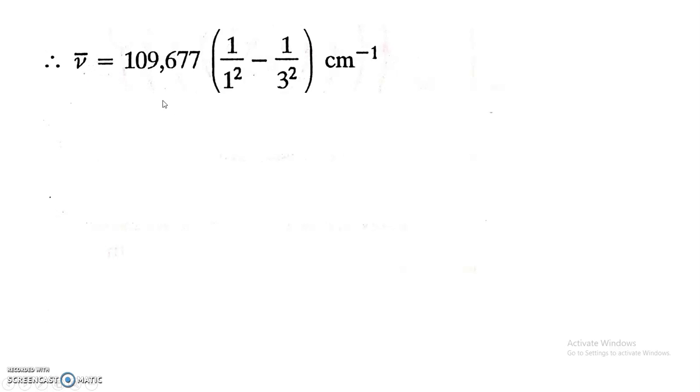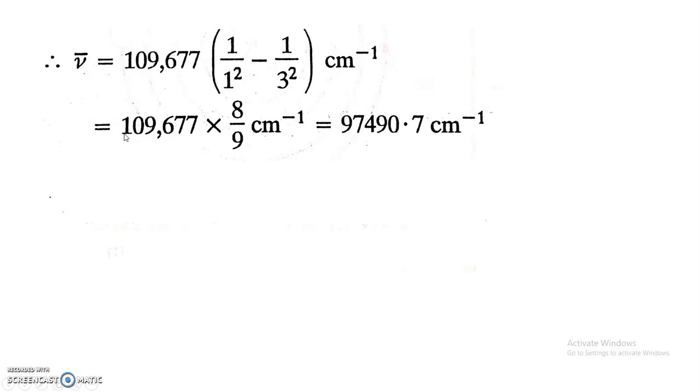Nu bar equals 109,677, the Rydberg constant, into 1 upon 1 square, the value of n1, minus 1 upon 3 square, the value of n2. When we solve this, it comes to 109,677 into 8 by 9, and the answer is 97490.7 per centimeter.